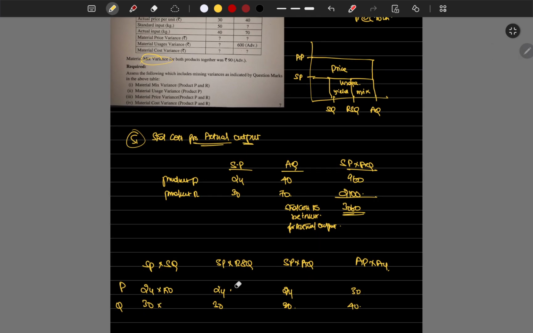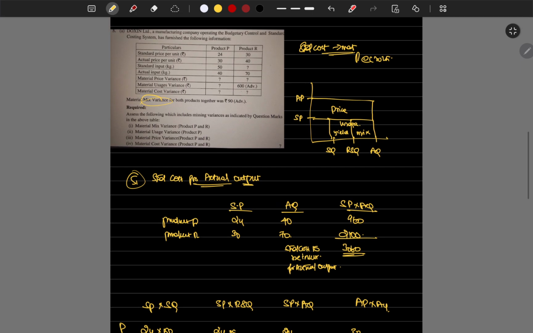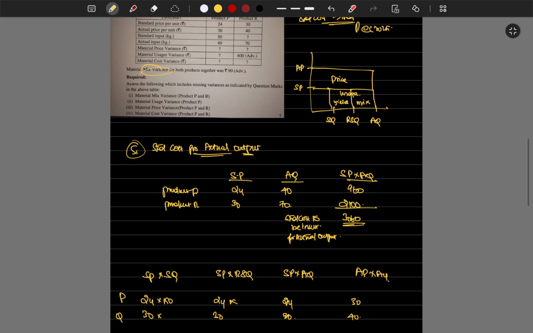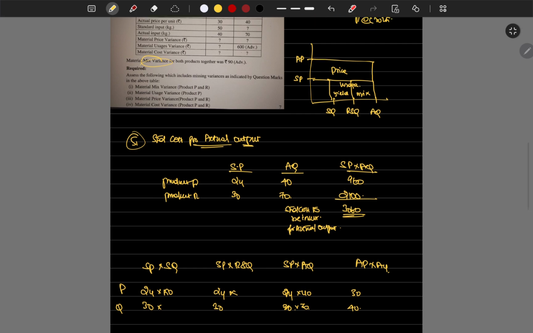We don't know this. Okay, that's it. Revised standard quantity we have to find, and then actual quantity is 40, 70.